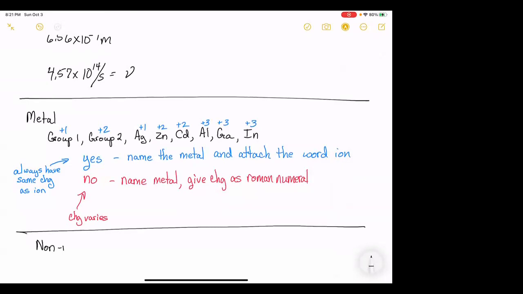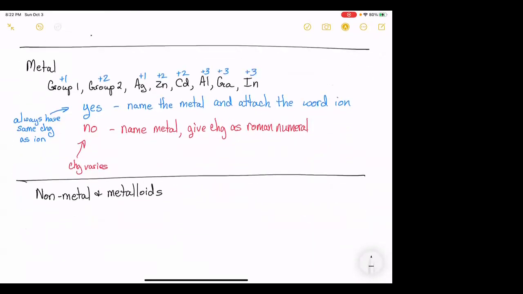For your nonmetals and metalloids, to name them, you replace the ending of the element with the letters I, D, E. So for instance, fluorine is the neutral atom of fluorine, whereas fluoride is the ion of fluorine, so it's a -1 charge.